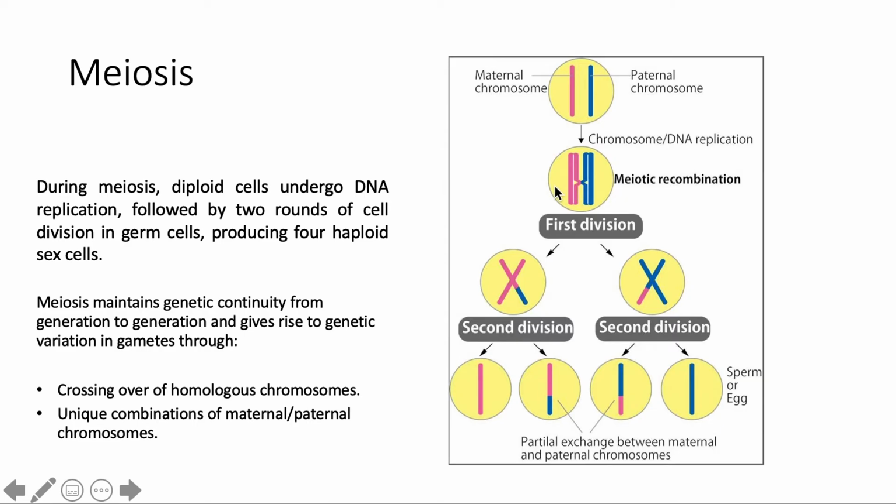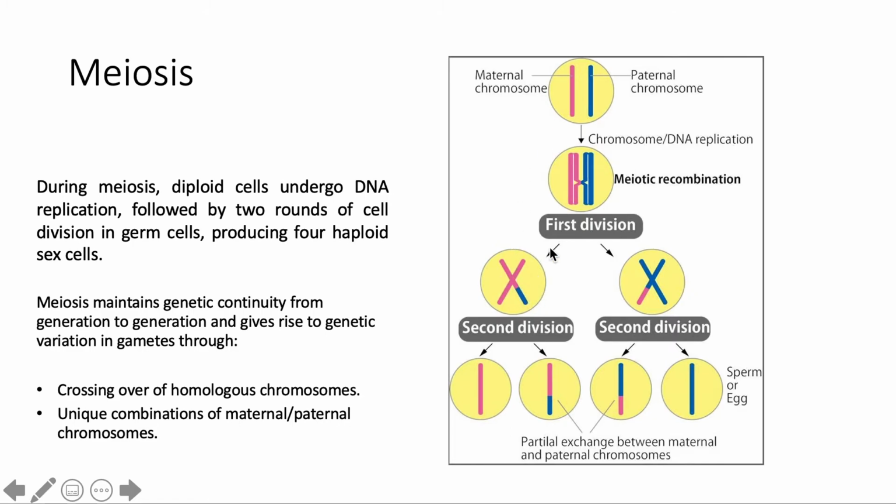That is why in breeding it's so important to understand this concept. So before the first division, there is this recombination, and we produce two cells that are diploid like the mother cell, but they are not the same.